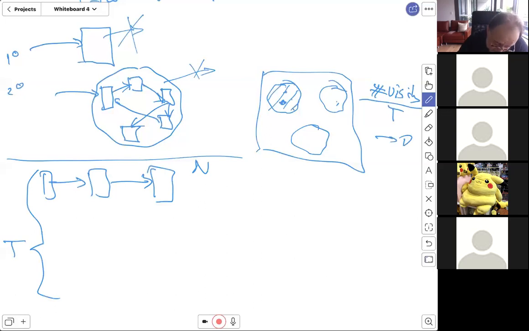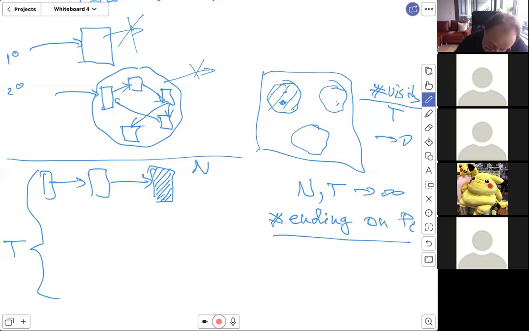And we would want that when n and t go to infinity, the number of times we end up on pi divided by the total number of experiments, we want this to converge.